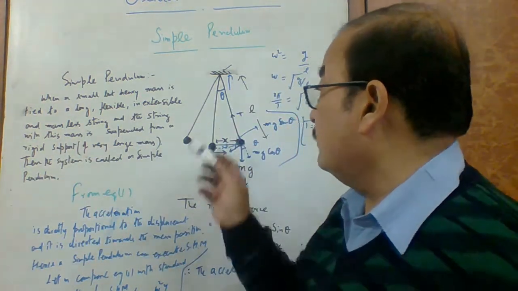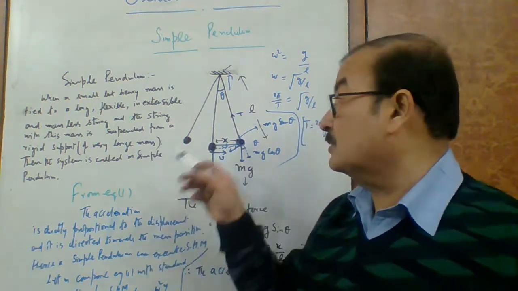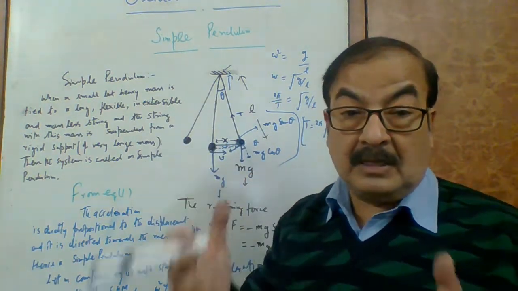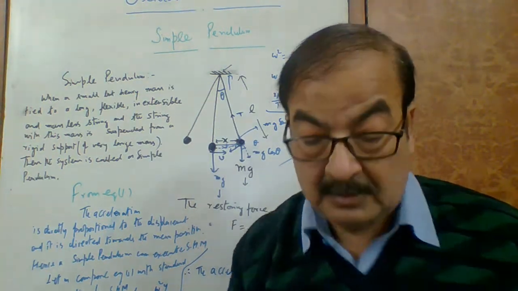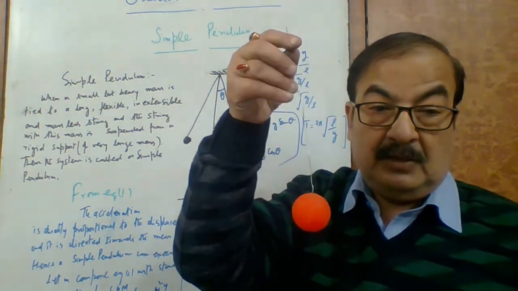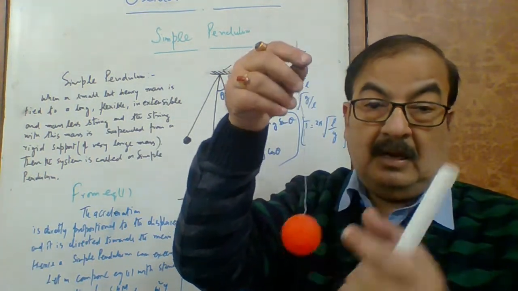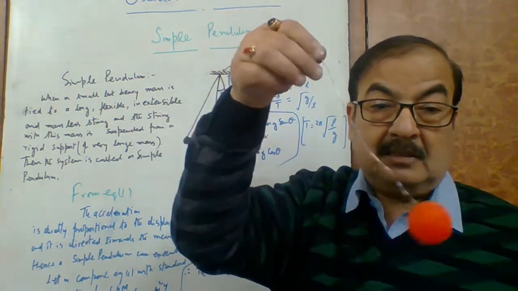Then we have seen the oscillation of this pendulum. We have also practically shown how the pendulum behaves, very similar to this type of thing, where this is the bob and this is the point from where it is suspended.